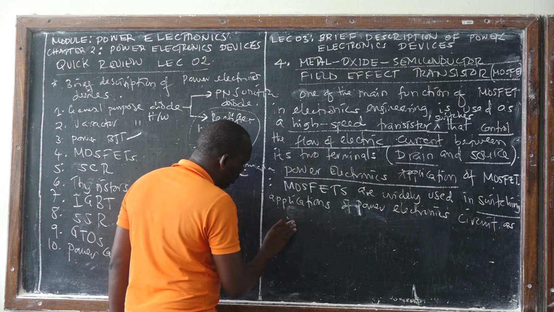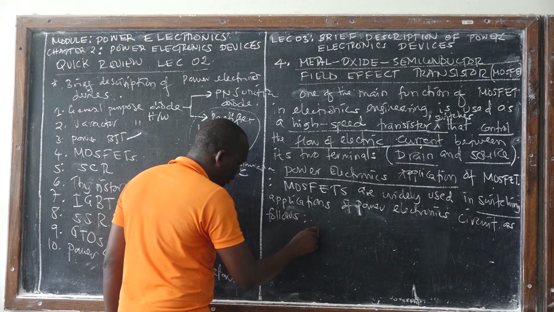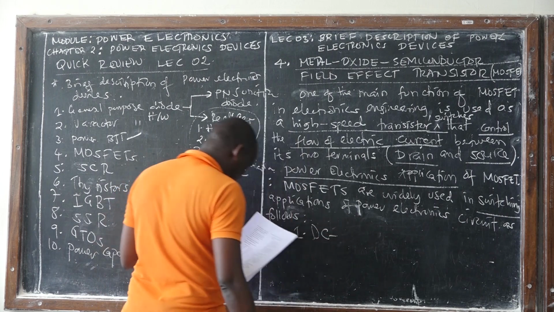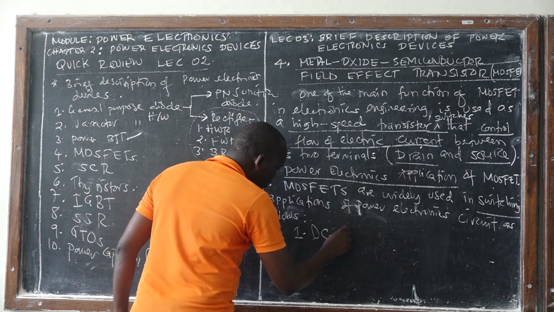So where are we using MOSFETs in power electronic circuits? Number one, DC or direct current to direct current converters.